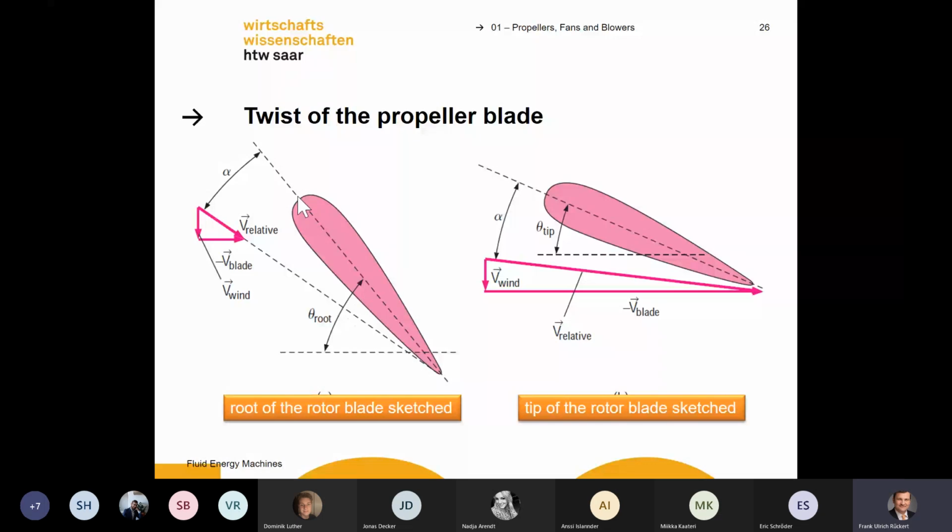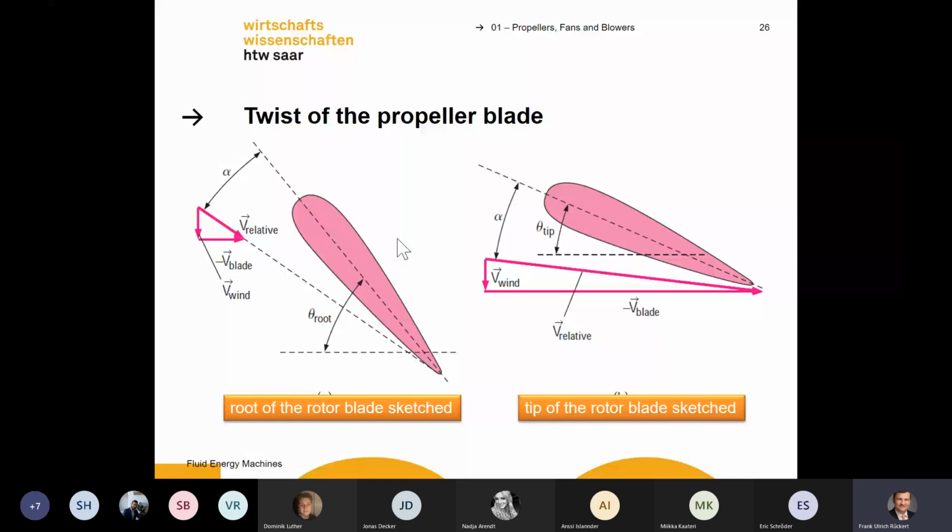At the axis in the middle of the propeller, the angle is higher. But if you come to the end of the propeller, the angle will be much smaller. And this is important because the propeller rotates, and in the middle you have a much smaller velocity than at the tips of the propeller.